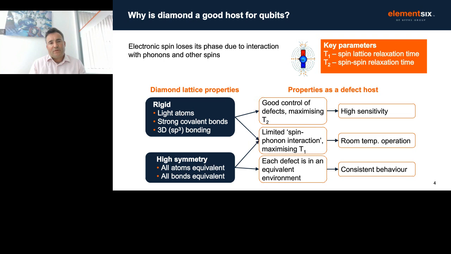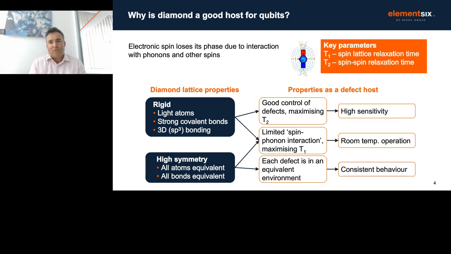The second is interaction with phonons. In the same way, diamond is a very good conductor of heat, which I talked briefly about at the beginning. Light atoms, short, stiff bonds, which means vibrations move through the crystal lattice very fast, means actually the spin lattice relaxation time is very long. Those phonons interact very weakly with electronic spins.